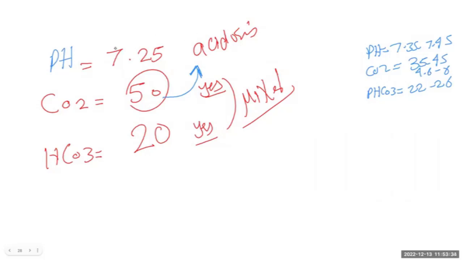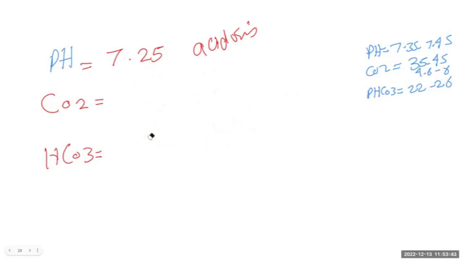Okay. What if I change the numbers again to make a new question? So, pH 7.30. What is this? 7.40.